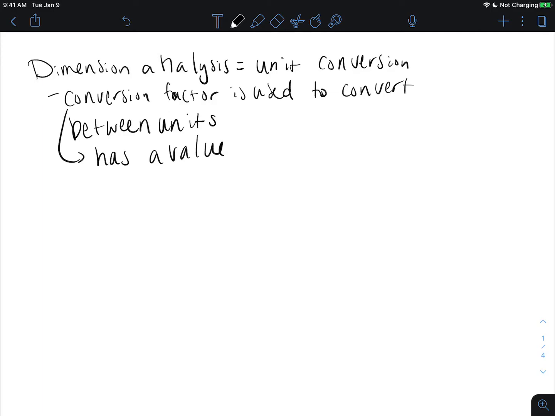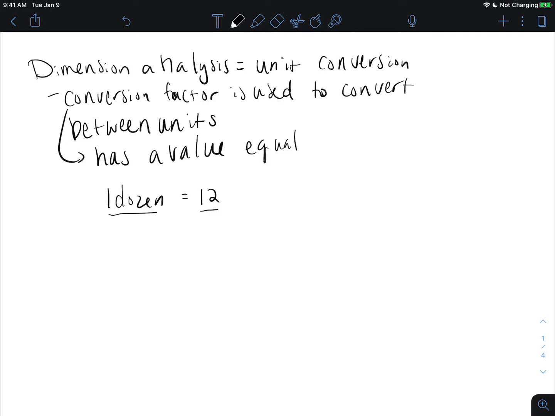And the reason this has a value equal to 1 is because it's basically an equality. So for instance, if we say something is 1 dozen, we know that equates to 12. 1 dozen eggs is equal to 12 eggs. 1 dozen donuts is equal to 12 donuts. So we would say that 1 dozen is equivalent to 12.